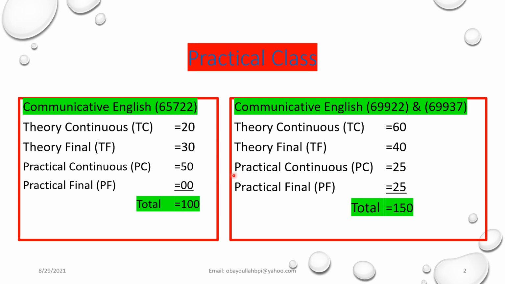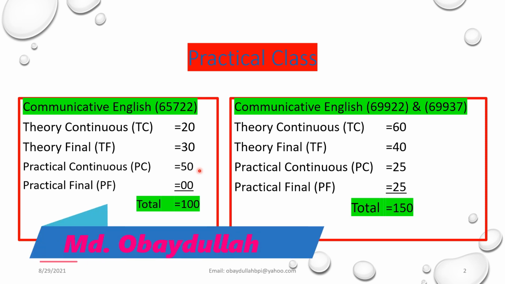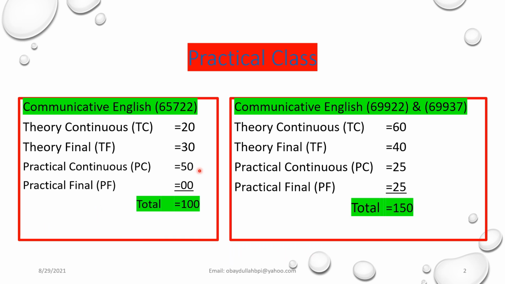So how can a student achieve the best marks? If you want to achieve the best marks, you have to follow some instructions of the teacher. The first point is that you have to be regular in the practical class, and you have to submit the regular practical assignments, and you have to practice the practical topics in the practical class before the audience.